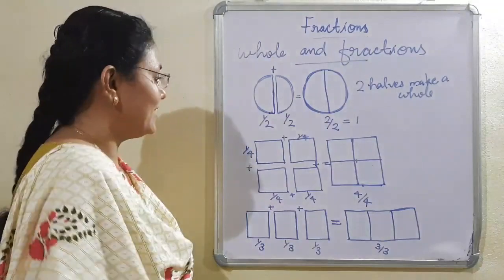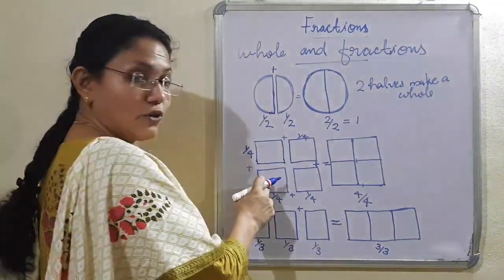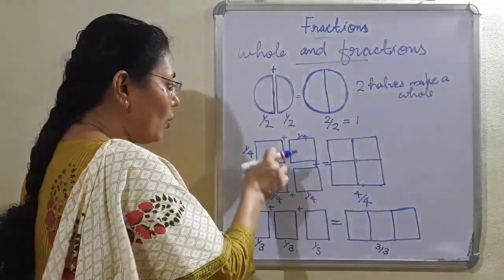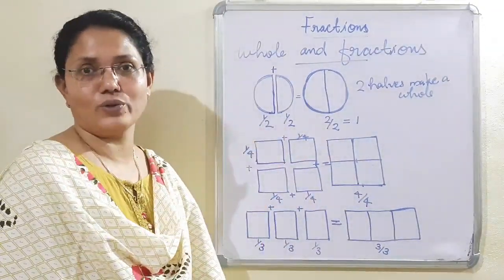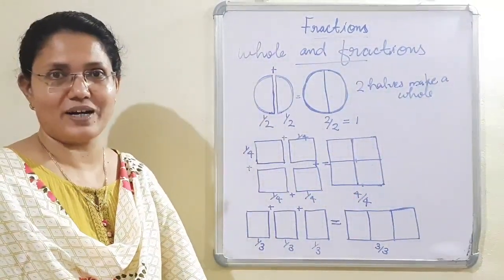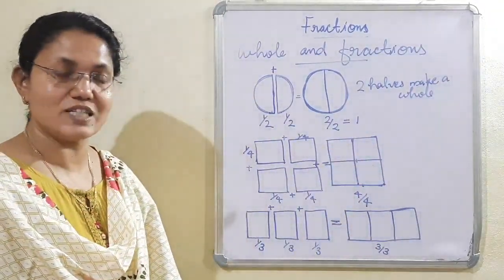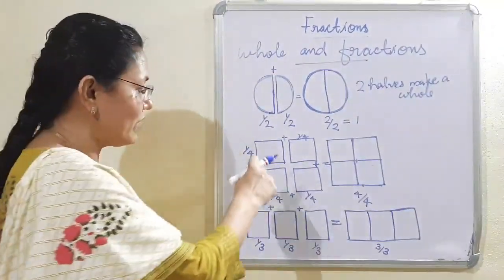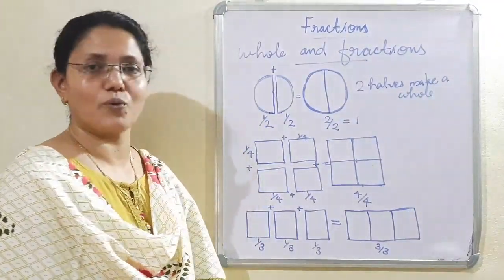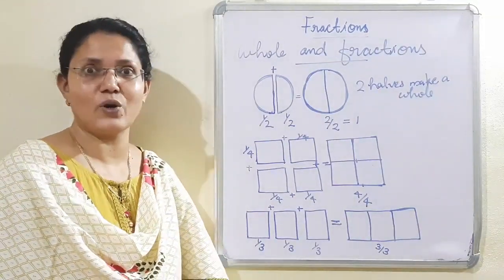In the second figure, here 1/4 is there. This is also 1/4, 1 by 4 part. This is also 1 by 4 part. When we add all these 1 by 4, it makes a square with 4 equal parts. Therefore, the fraction of the 4 equal parts is 4 by 4. Means how many 1 by 4 make a whole?